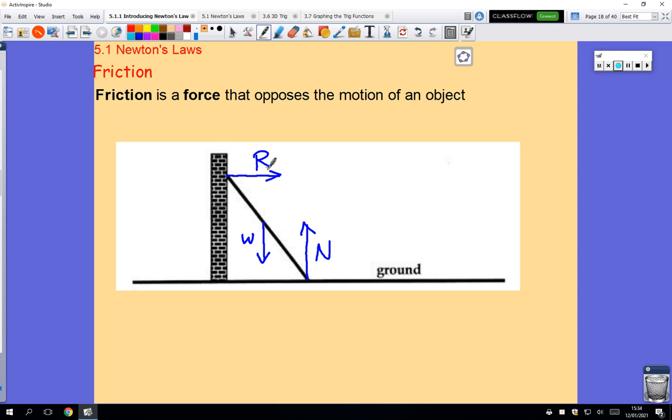And suppose the ladder is not slipping. Or in fact, let me say, suppose the surfaces are rough, as opposed to smooth. So there is friction. What direction will friction be acting? Well, if there was no friction, the top of the ladder would slide down the wall, the base of the ladder would slide out.